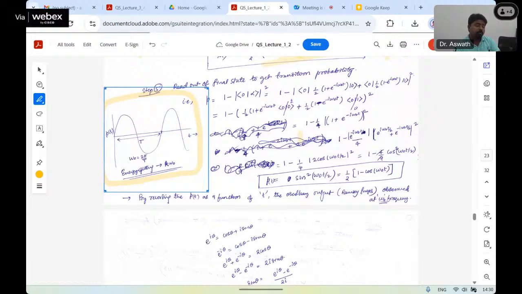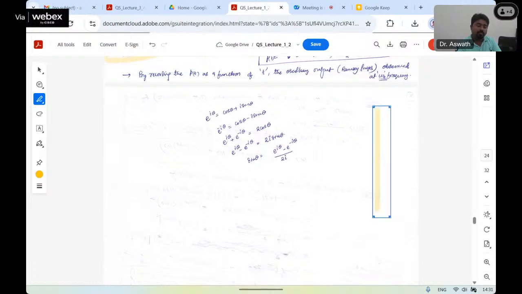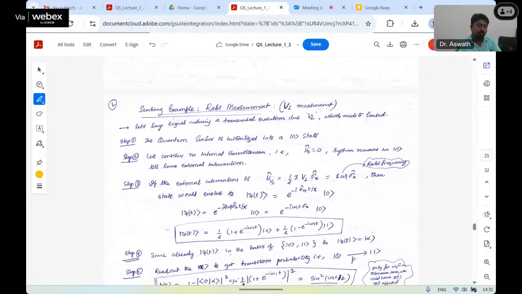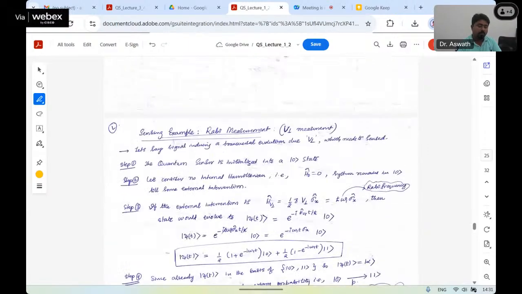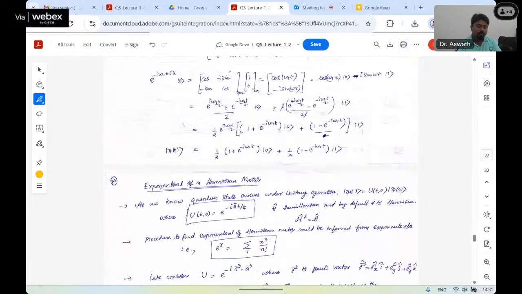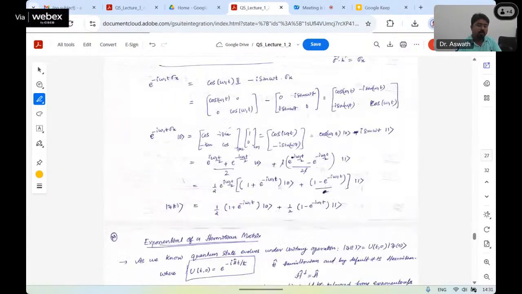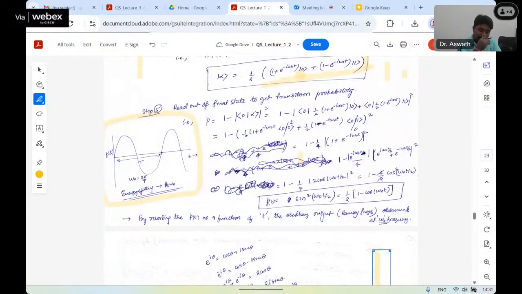So can I make any information about the quantum signal which the quantum sensor is actually detecting? So how to do that? Let's go to the next slide. Okay, let me stay here itself. So what I'll do, I'll just find the slope, right?